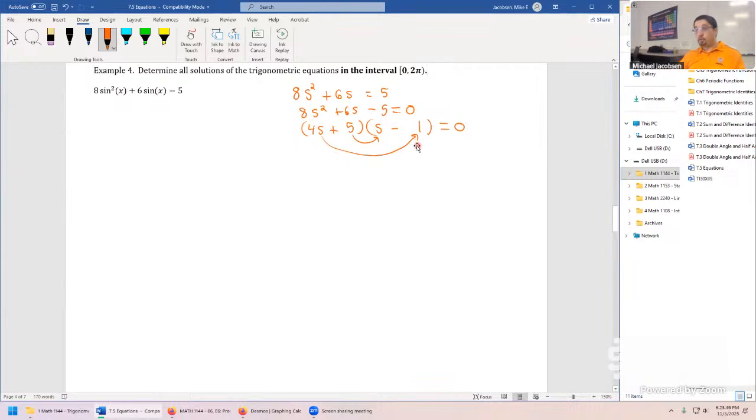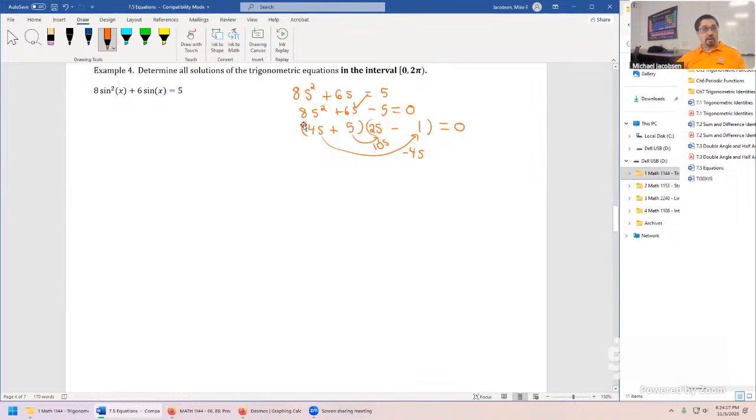Our check is the outer product. This is 4s, negative 4s. And hang on, I had 8s here. I think we need a 2s right here, right? To make that come out as an 8s squared. That looks a little bit better. Now 5 times 2s gives us a 10s. 10s minus 4s gives us 6s. And so that tells us the factoring is successful.